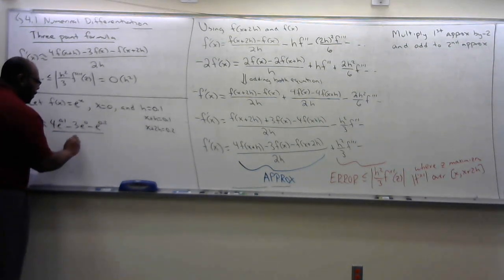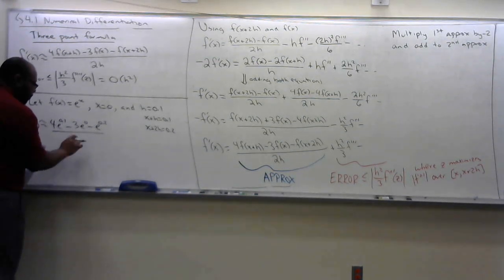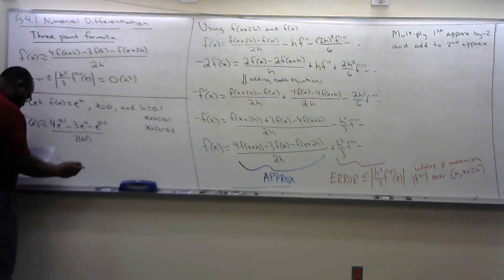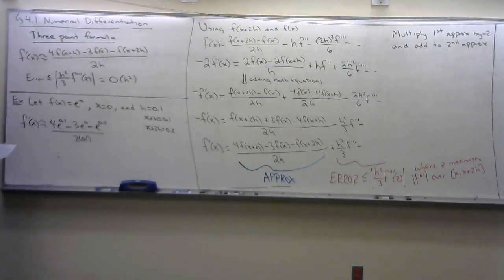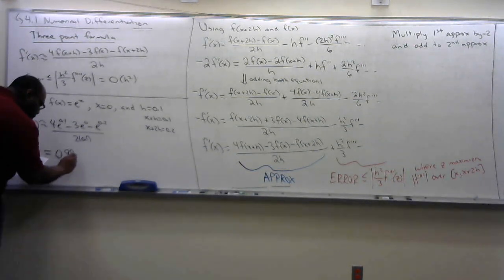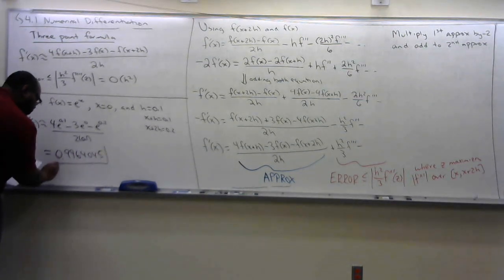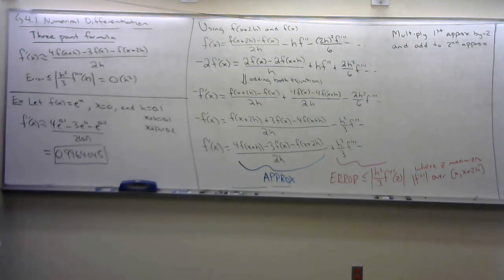All that divided by 2h, or I should say 2 times 0.1. And when you work this out, you get 0.996405. Not a bad approximation to the derivative of e to the x at 1. Not bad at all.